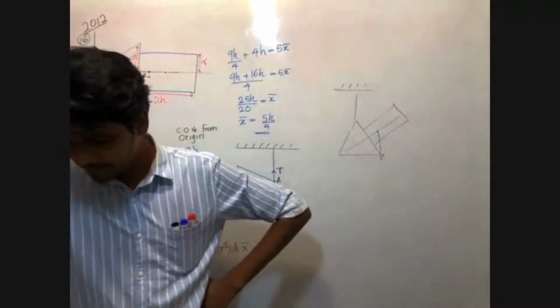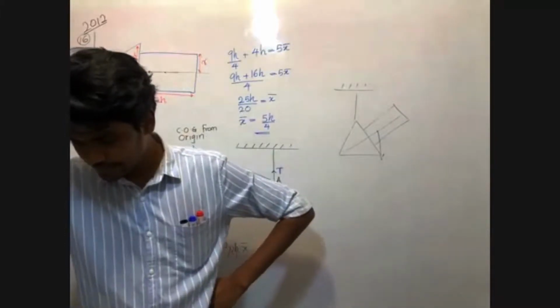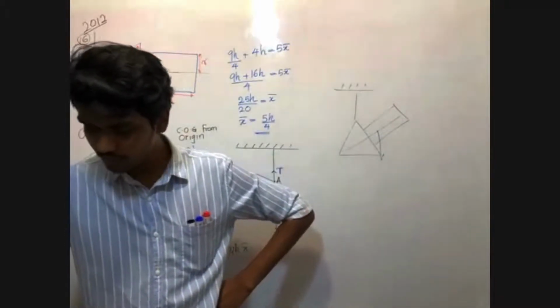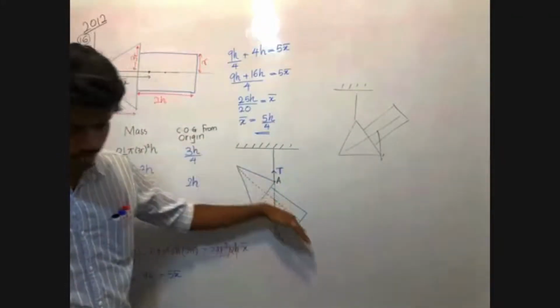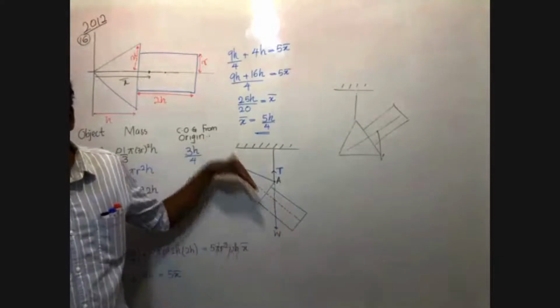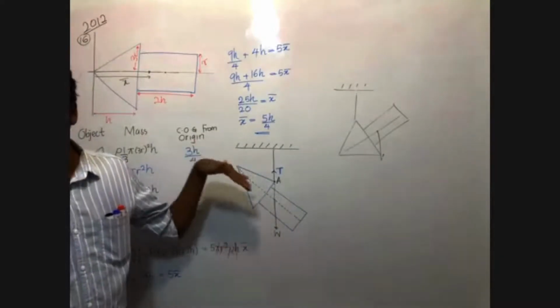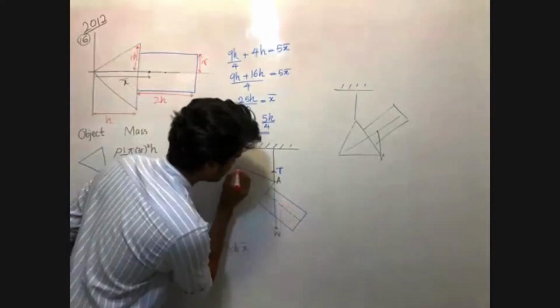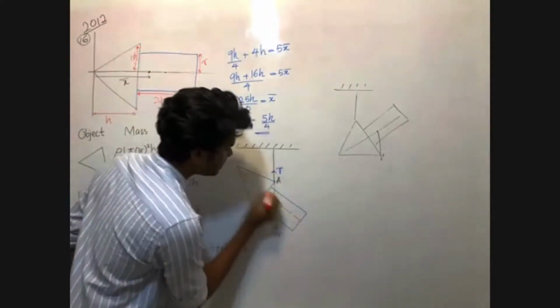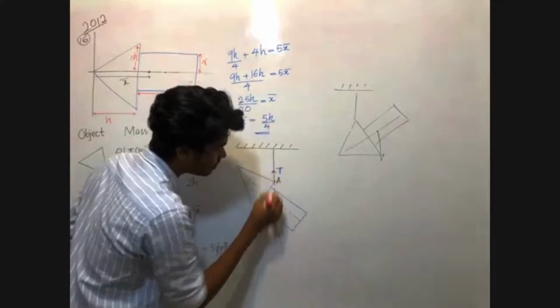And then they're saying, if the axis of symmetry of the composite body makes an angle alpha with the downward vertical. This is the axis of symmetry. This is the downward vertical.